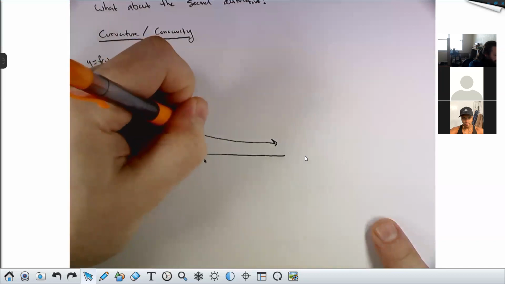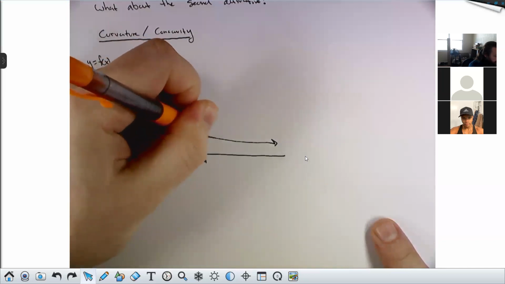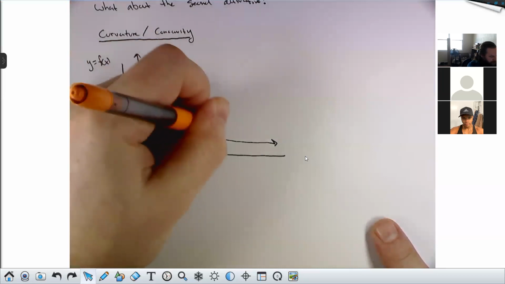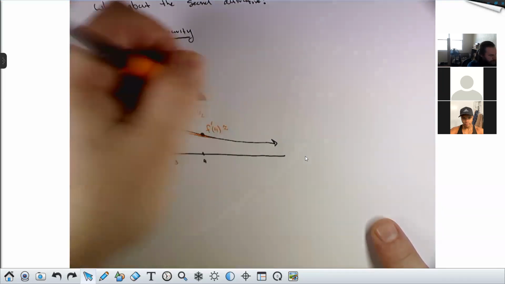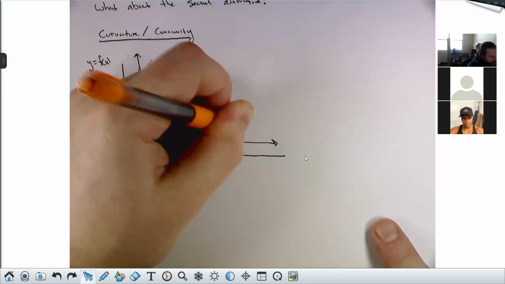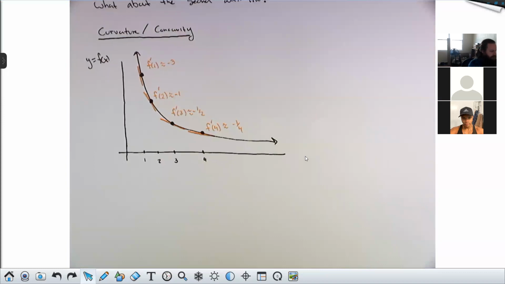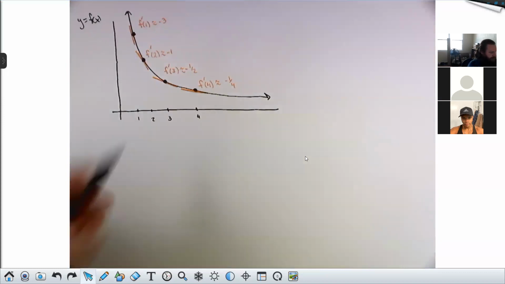And over here it's still less steep, still negative, but less steep. So f prime of 4, I don't know, maybe like negative 1/4. So if I wanted to use this to sketch the graph of f prime, we can.